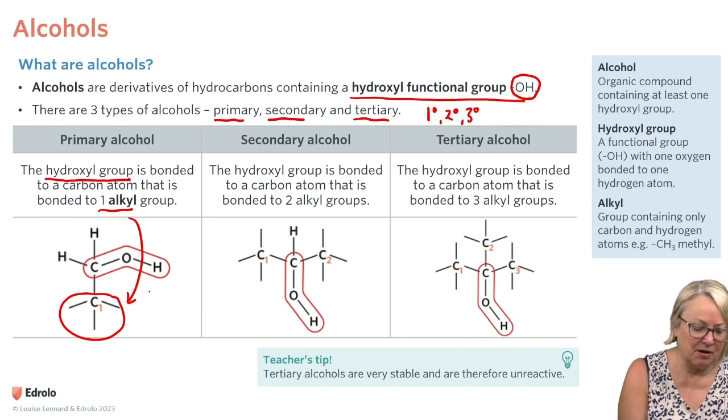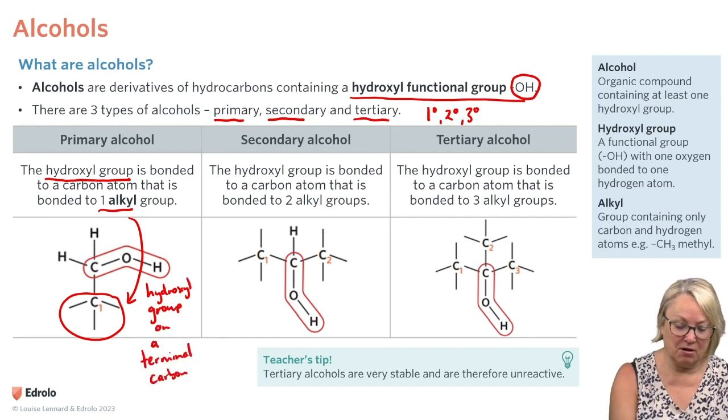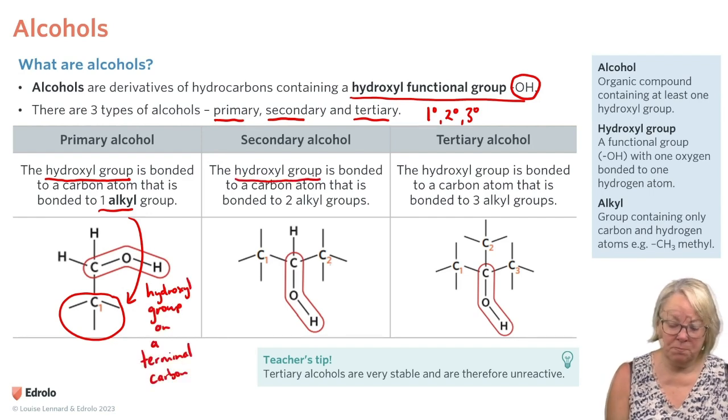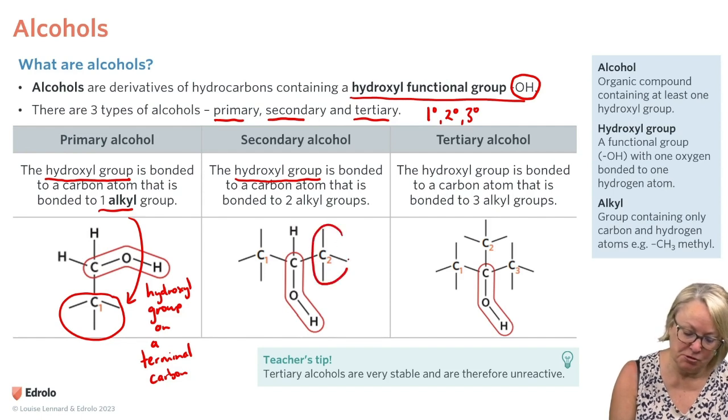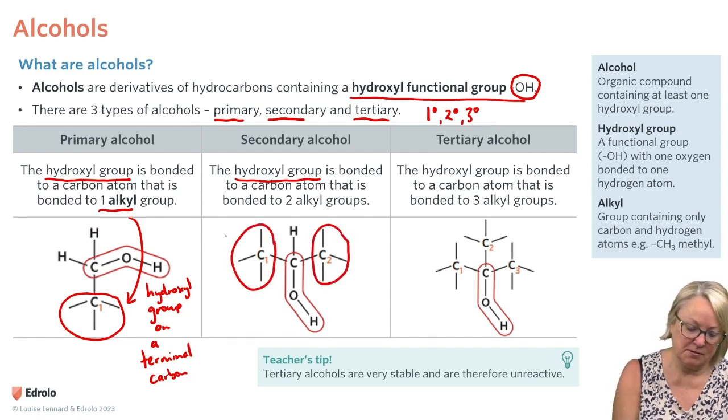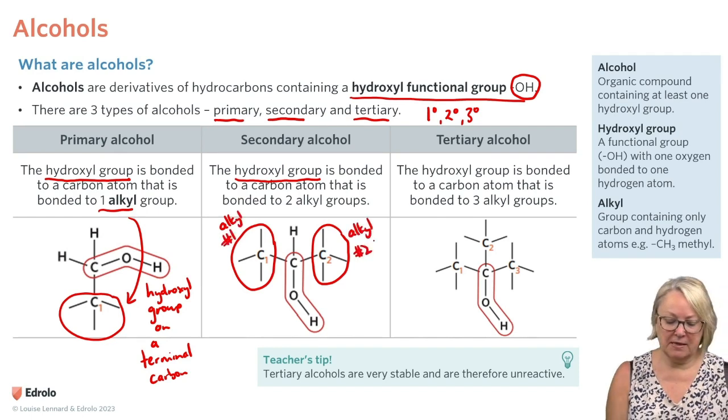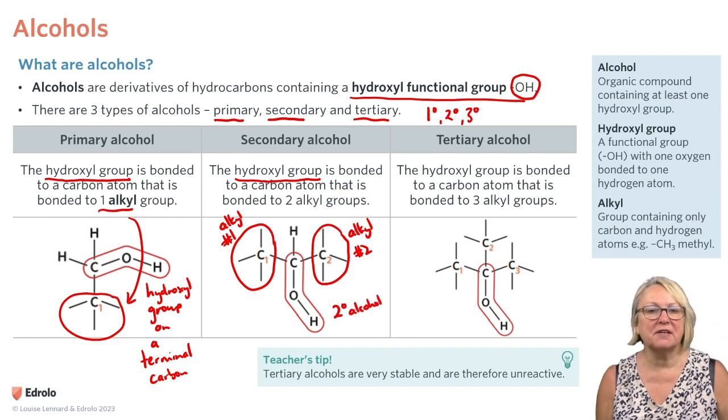The hydroxyl group is on a terminal carbon. A secondary alcohol has a hydroxyl group that is bonded to 2 alkyl groups. So this is alkyl number 1, and this is alkyl number 2, and this is our secondary alcohol. Primary alcohols and secondary alcohols are both quite reactive.